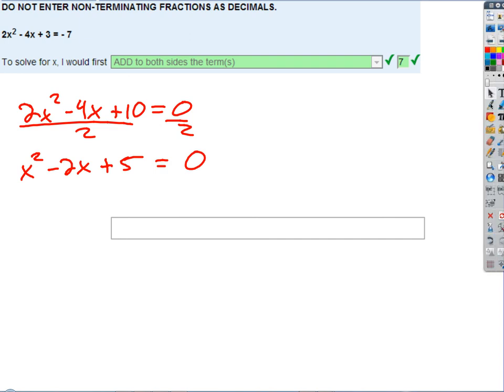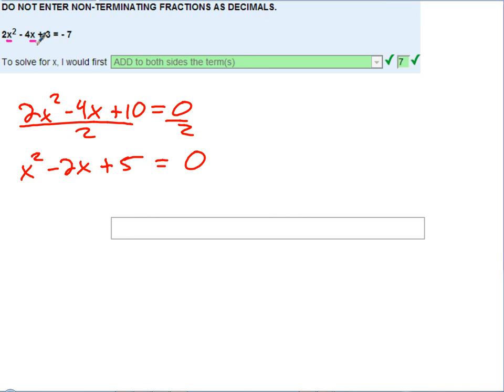I guess, based on your questions, the thing I need you to recognize is that because I have x squareds and x's there, I'm not going to be isolating x, right? Because I'm not isolating x, I need to get a 0 over there. I'm not pushing stuff to the right side now. I'm pushing stuff to the left side to get it into standard form.